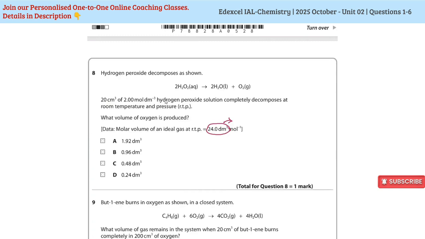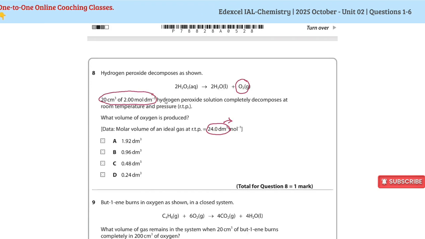But to find that, we need to find the amount of oxygen that is formed. The amount of oxygen is half of the H2O2 which is reacted. So we can find the H2O2 reacted from this piece of data.